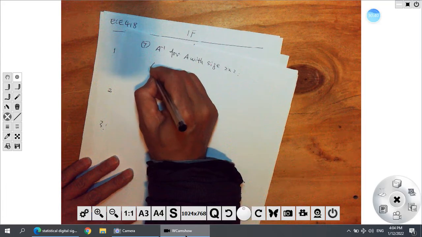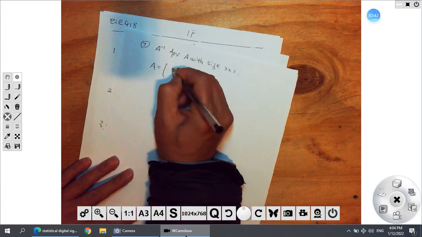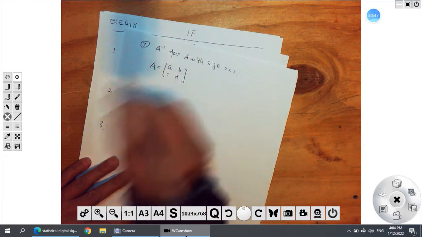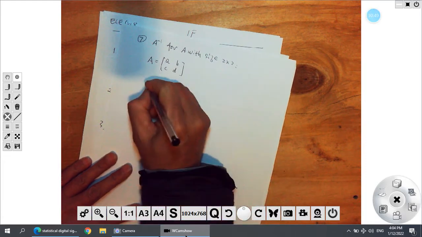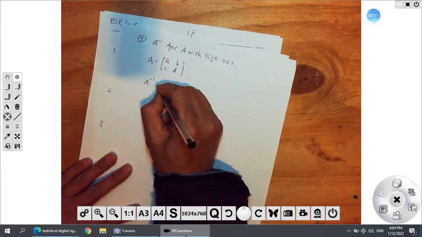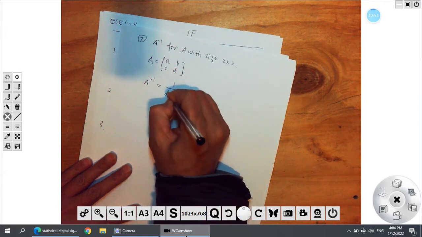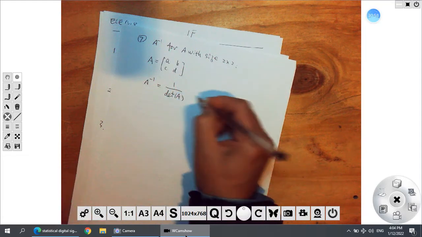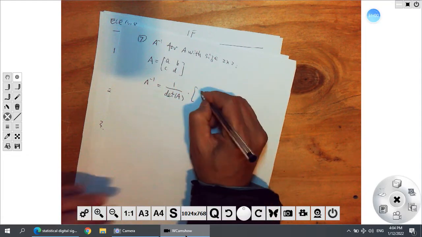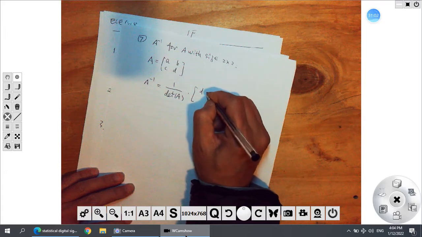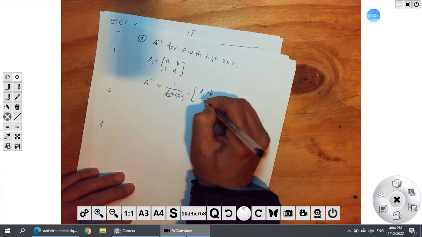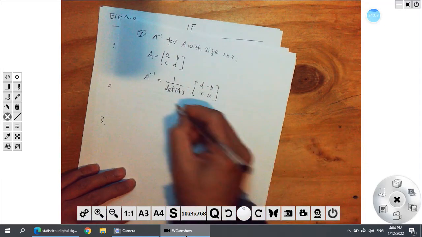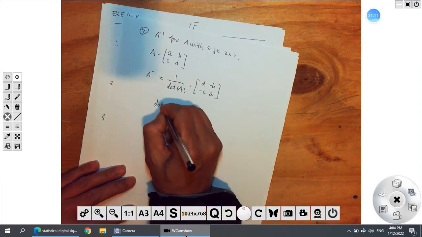Suppose A is some 2 by 2 matrix, with elements A, B, C, D. Then A inverse is 1 over the determinant of A times the matrix with D, negative B in the first row, and negative C, A in the second row. That's it. Of course, you should know what the determinant of A is.